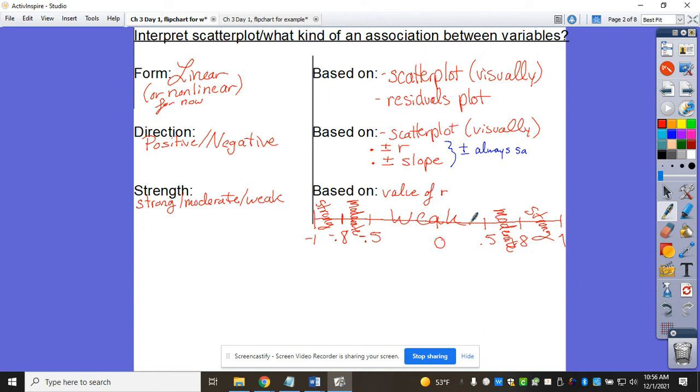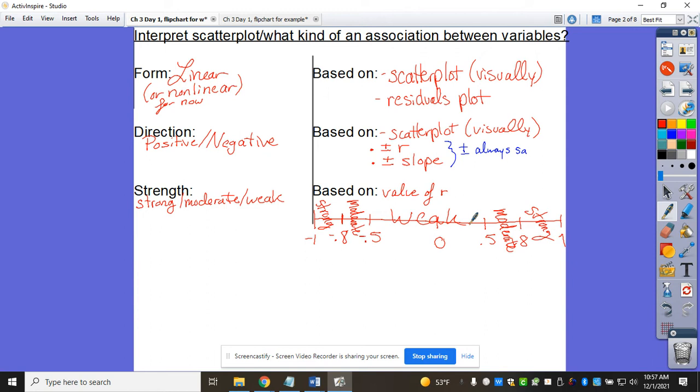Absolute value of R between 0.5 and 0.8 is moderate. Absolute value of R between 0.8 and 1 is strong. But you kind of get the idea from a graph what that would be.